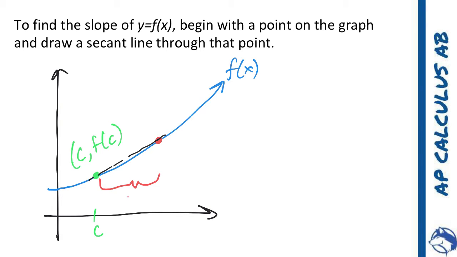From here to here, to that point right there, we're going to call this the change in x. And from there to there, we're going to call this f of c plus delta x minus f of c.